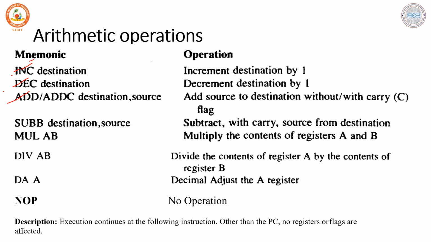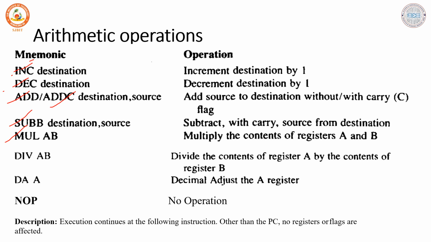ADD or ADDC is the addition instruction, which is used to perform addition of the destination content and the source content. ADDC is addition including the carry. Here ADD is addition without carry. SUBB, destination comma source, is an instruction used to perform subtraction with carry. That is, you are subtracting the source from the destination content.